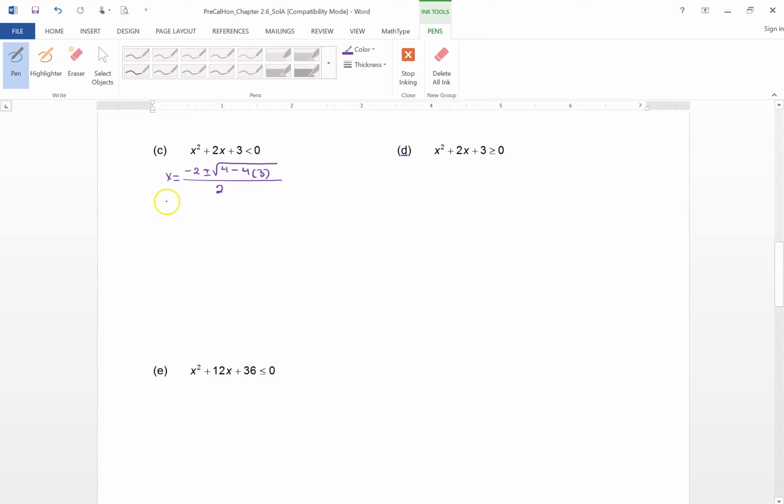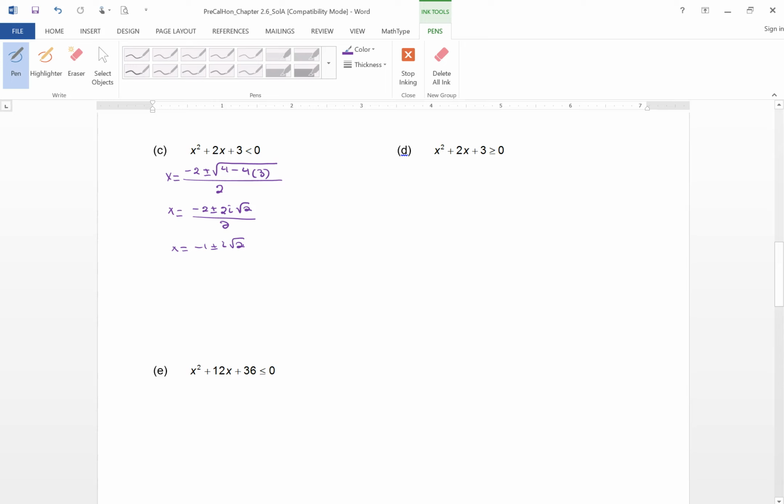What I have here is x equals negative 2 plus or minus, this is negative 8 in the root, so it's 2i root 2, over 2, meaning x is negative 1 plus or minus i root 2.